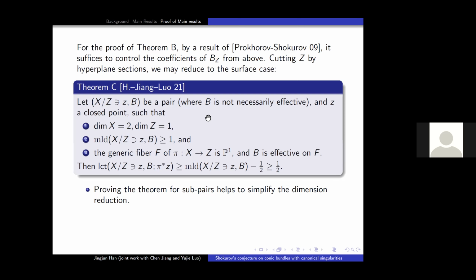Yes. I don't know, because even in the dimension 1 case, if X is not of Fano type over Z, then in general you cannot control the singularities of the pair.